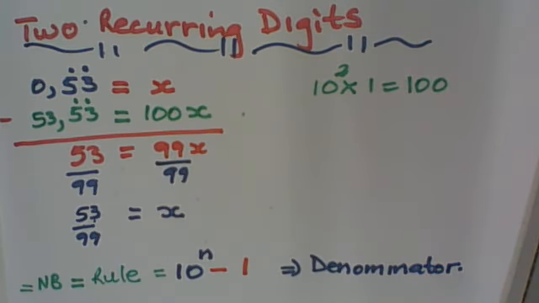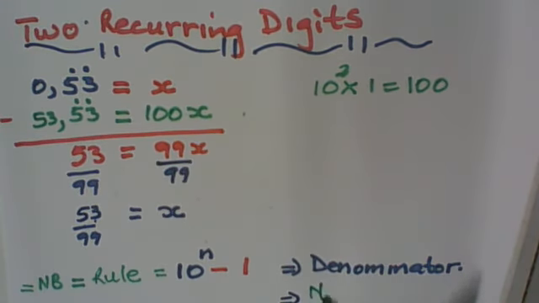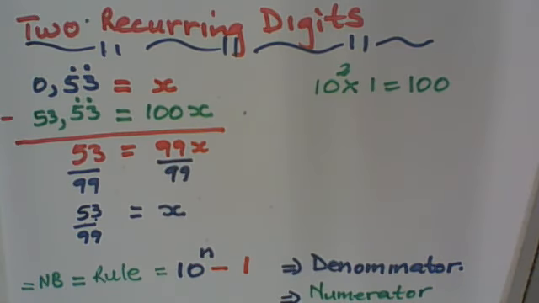Meaning, you just take the recurring number and put it on top. Another rule is the recurring number. This is the denominator. Now, what about the numerator? Mathematics, so interesting. For the numerator, you write the recurring number.